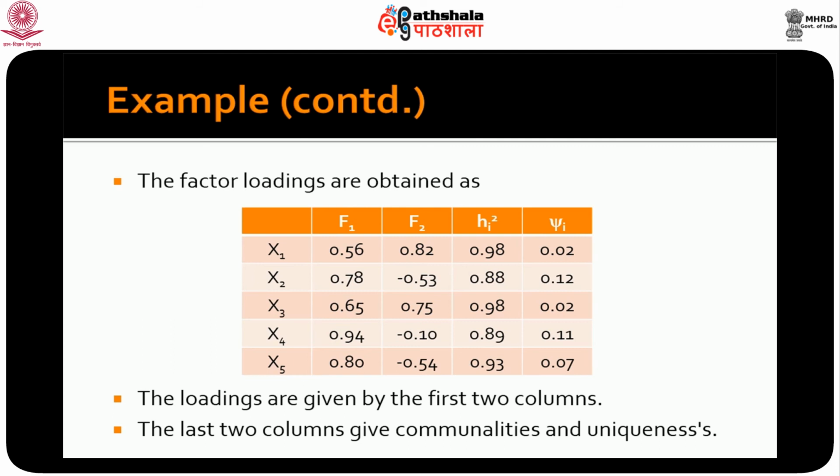We get L L prime hat plus chi hat, which we can adjust as before and get as a diagonal matrix with the specific variances in the diagonals. So this is how we do a factor analysis using the principal component technique.